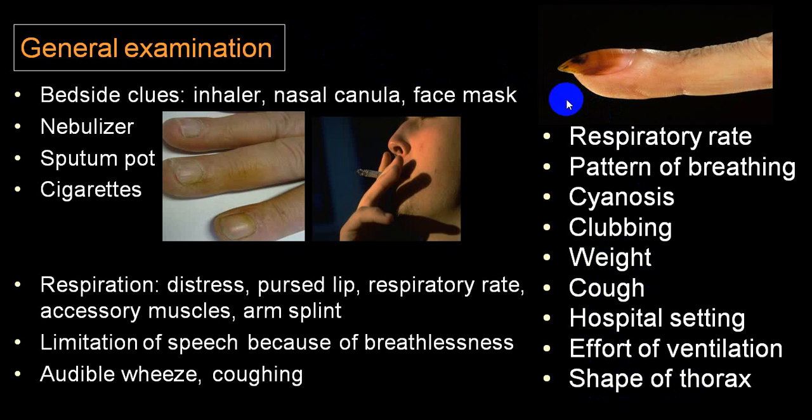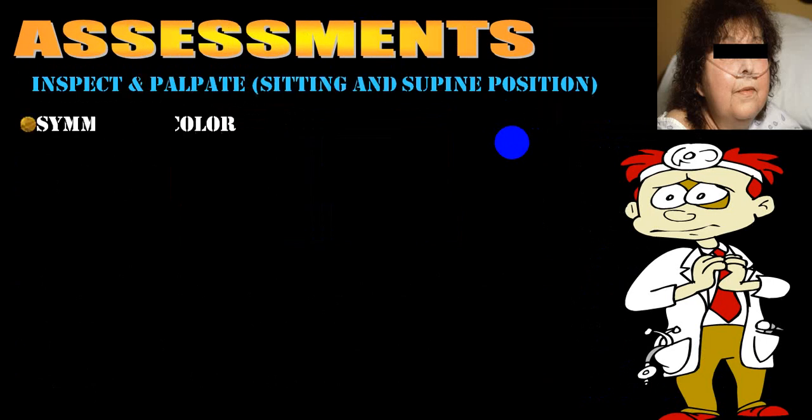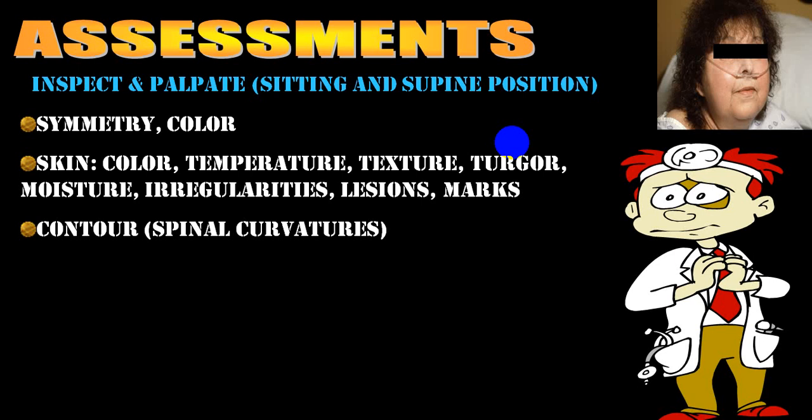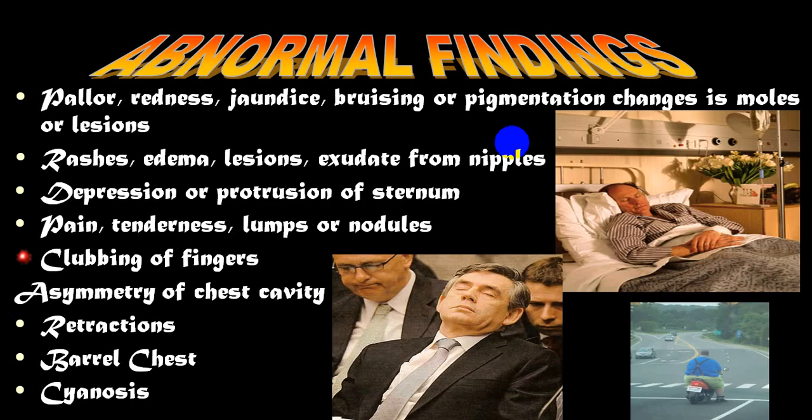But we also examine some of these things in respiratory system inspection: symmetry, color of skin, temperature, moisture, any lesions, any marks, then spinal curvatures, movement and posture, position of breast, respiratory effort. These are all included in general examination as well as respiratory system inspection.